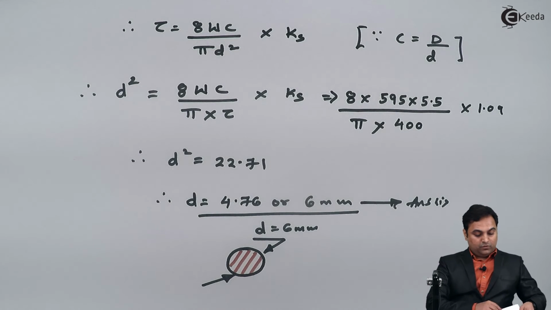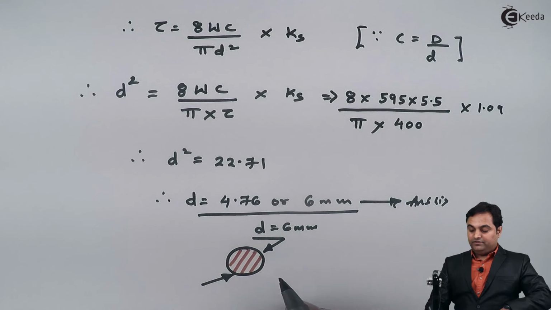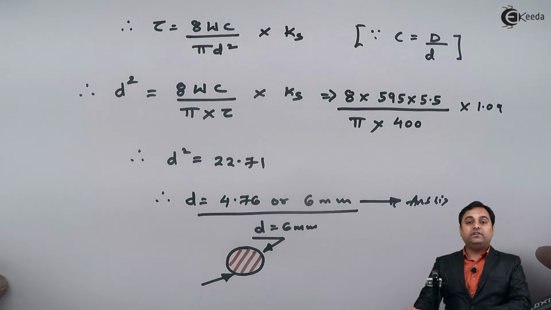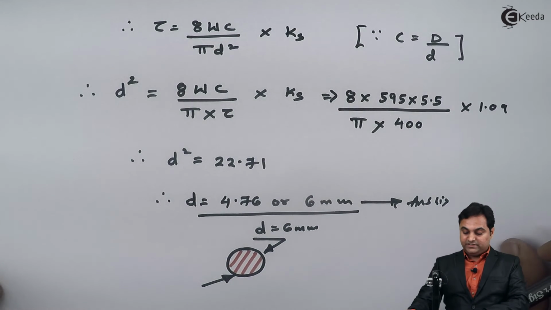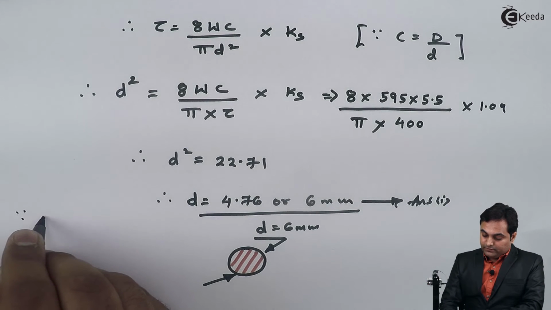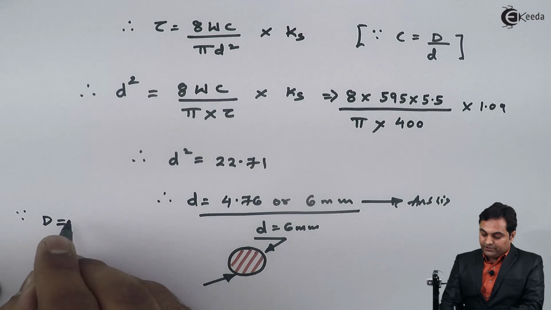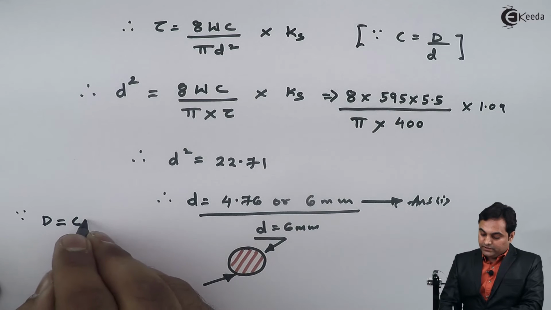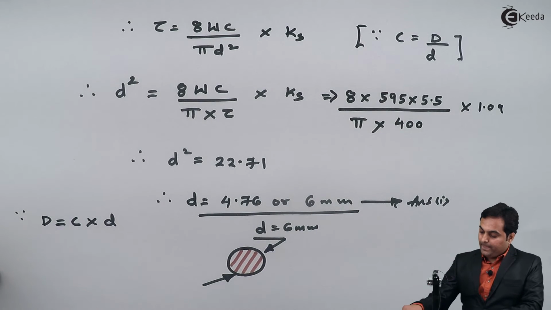Now, once I have calculated the diameter of wire, I can even calculate the mean coil diameter. So I'll say that since capital D, that is the mean coil diameter, it will be equal to spring index multiplied by small d.